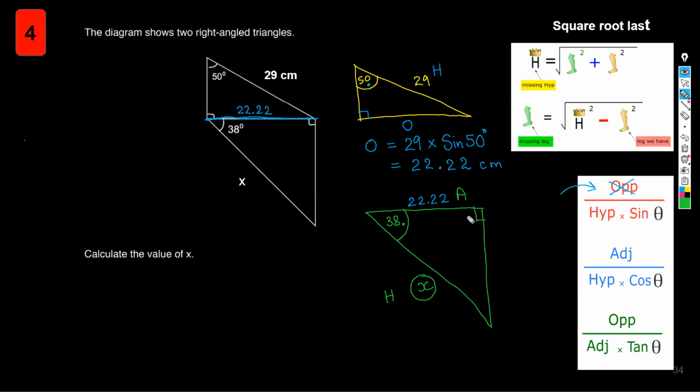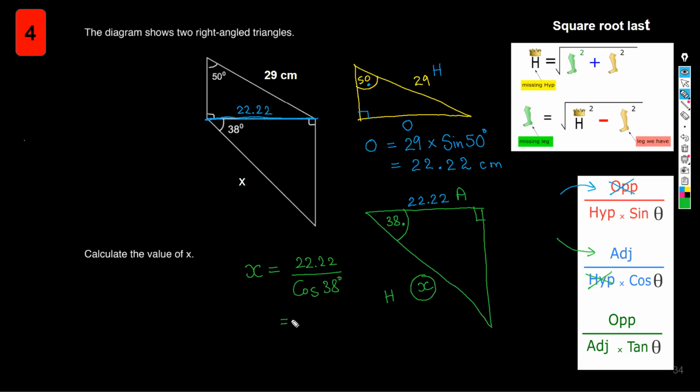There's only one formula with adjacent and hypotenuse here, and that's Mr. Cosine. So for the cosine formula, we want to find the hypotenuse because that is represented by x. How do we find the hypotenuse? We block the hypotenuse and we are left with adjacent divided by cosine. So to find x, which is the hypotenuse, x is the adjacent side, which is 22.22 divided by cosine of the angle that we're standing up in.